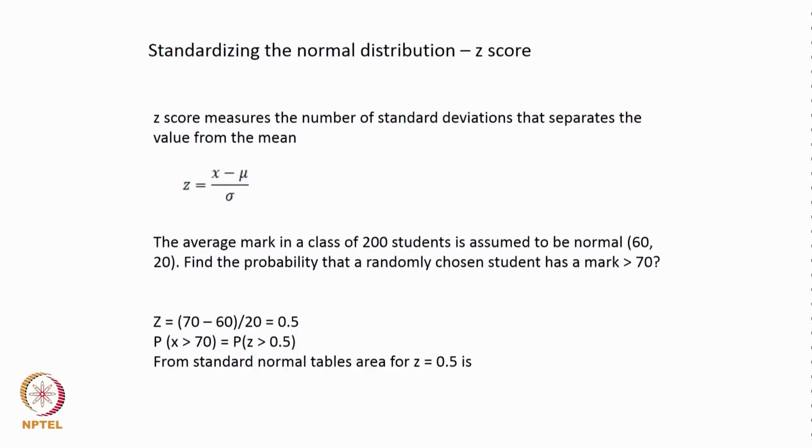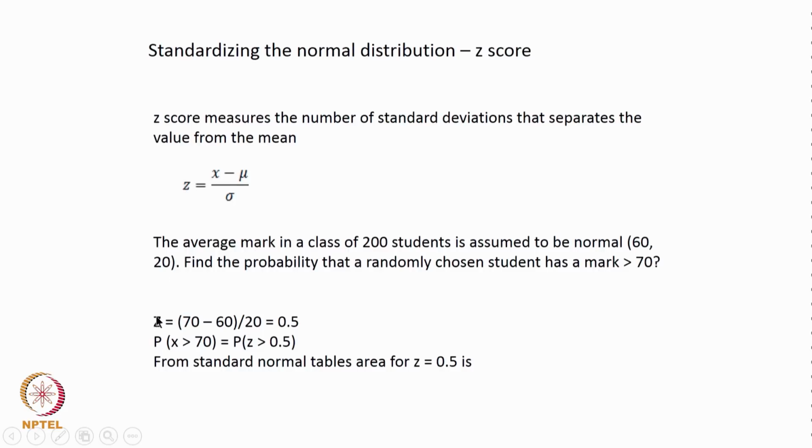So, quickly to do a computation, the average mark in a class of 200 students is assumed to be normal with 60 and 20. So, mu is 60 and standard deviation is 20. Find the probability that a randomly chosen student has a mark greater than 70. We first find z. In this case we normally use a lowercase z.